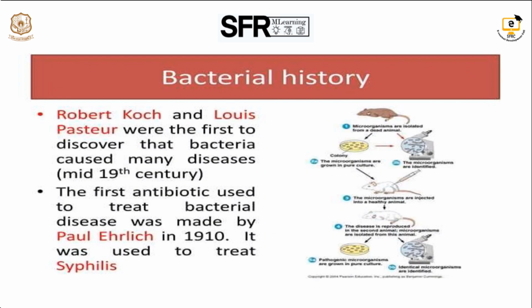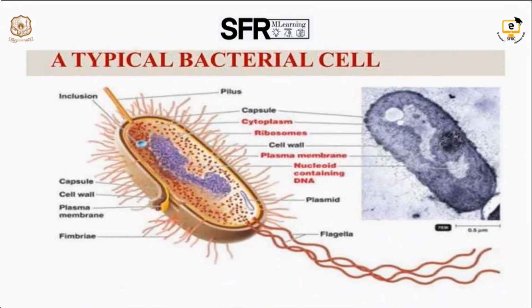Robert Koch and Louis Pasteur are both bacteriologists. They identified bacterial diseases in the 19th century. The first antibiotic used to treat a bacterial disease was made by Paul Ehrlich in 1910. It was used to treat syphilis.